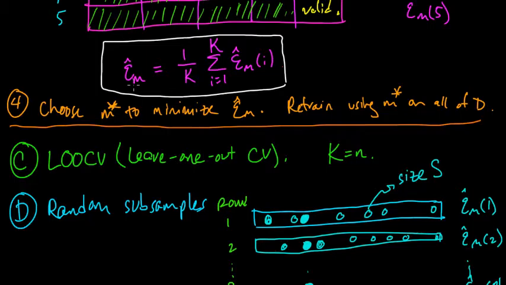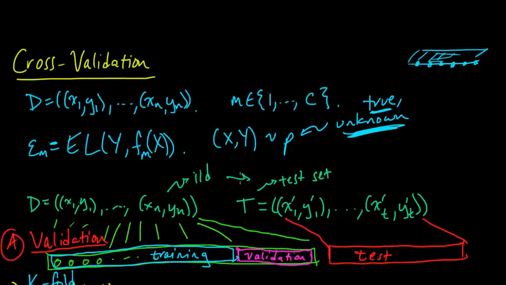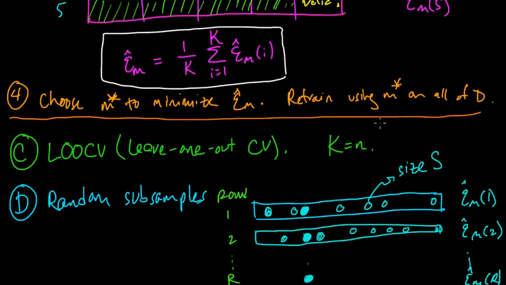If we think about the data as random IID samples from this true unknown distribution P, then this estimator is a random variable that depends on the data, since the data is random. It also depends on our model m, and it would depend on k.